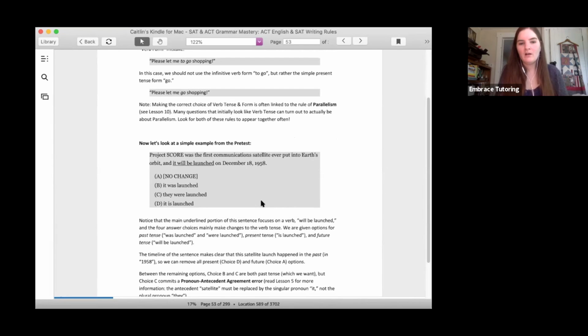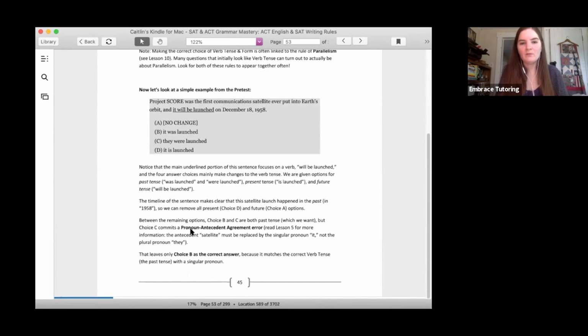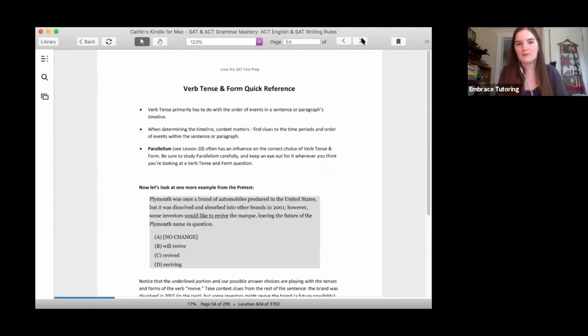Okay. You also have pronoun antecedent agreement errors and things like that that can happen related to verbs. So basically, verb tense has to do with the order of events in a sentence or paragraph's timeline. So is it appropriate given the context?